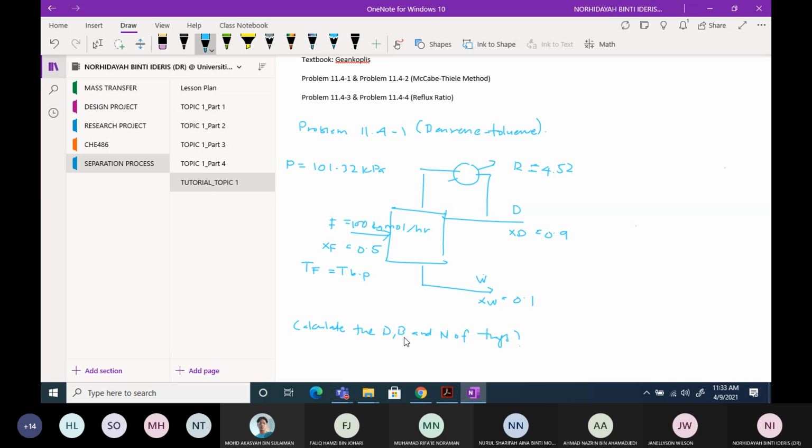This question is exactly similar to example 11.4-1, only there is a change in the components and composition, and also in how you are going to draw the q line.